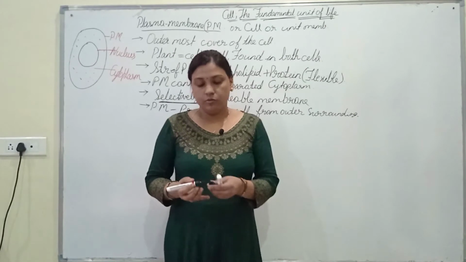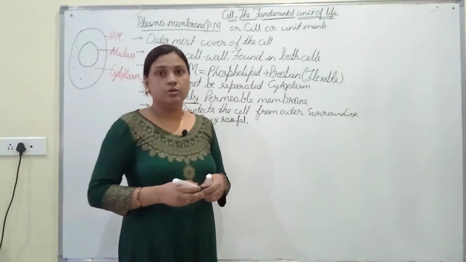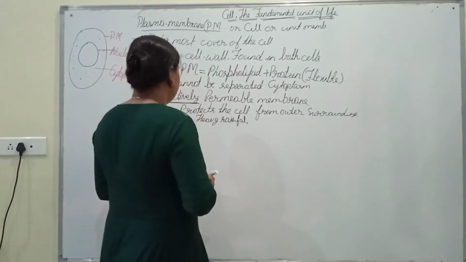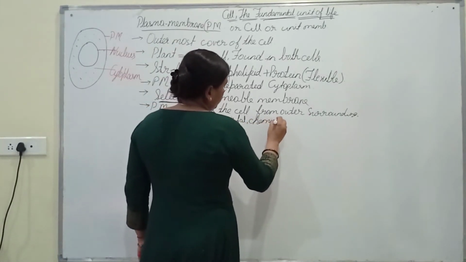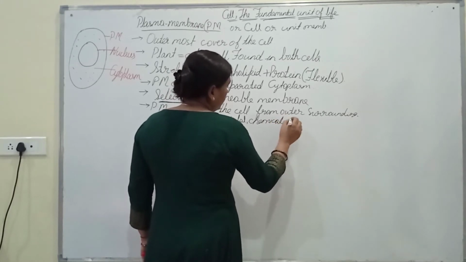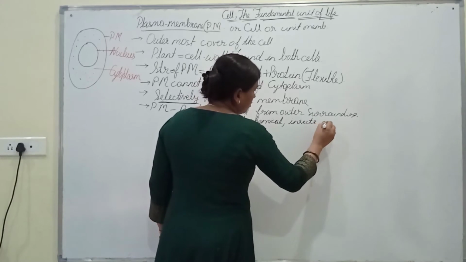Outer surrounding means from heavy rainfall, sunlight, more radiations, chemicals, insects. It protects the cell from chemicals, insects, and so on.